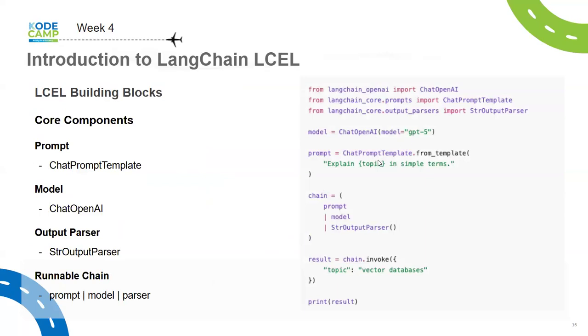So you can create a prompt from a prompt template, and then the prompt becomes the first in the chain. You pipe it into the model, right? And we did that yesterday. So rather on Wednesday.